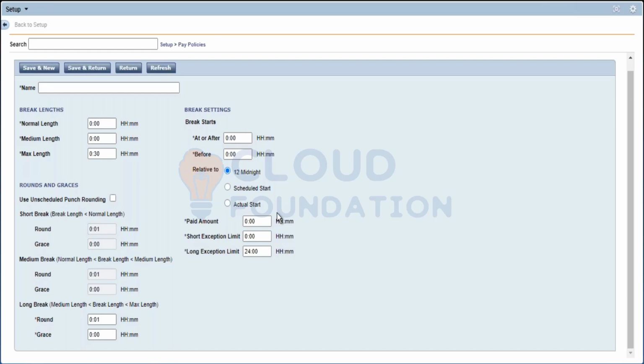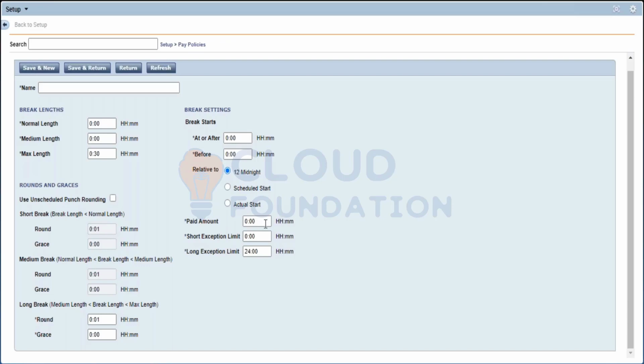When you select this option, only from midnight is it going to consider a point in time where your break gets interpreted, not before midnight. From 12 midnight, it's going to interpret the shift and process your breaks accordingly. That is how your break start is calculated.